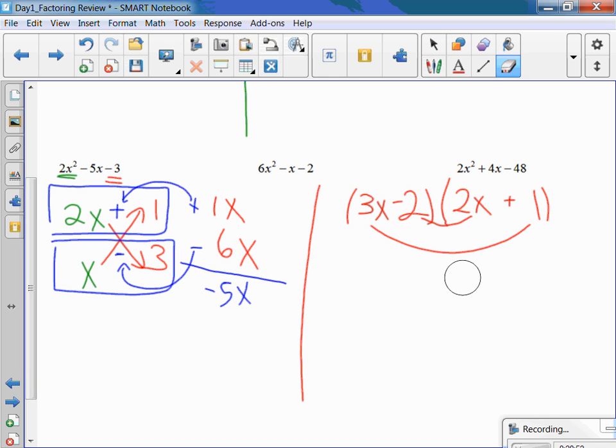Trial method, absolutely. Any of those methods could work. As Lily said, always look for that GCF. It's going to make your life a lot easier when you factor out, get these numbers to be a lot smaller than what you're going to be dealing with. So in this case, as Lily said, there's a 2 in common.